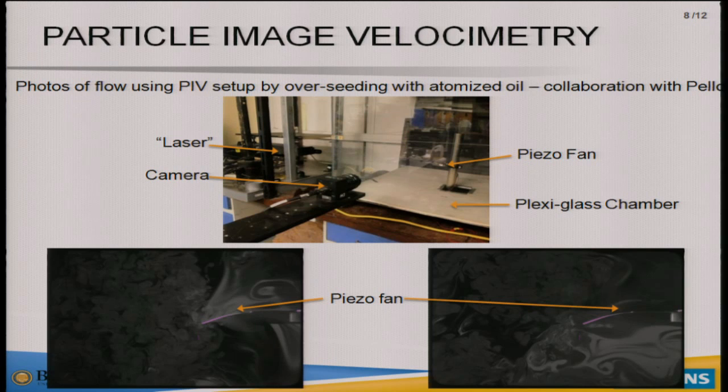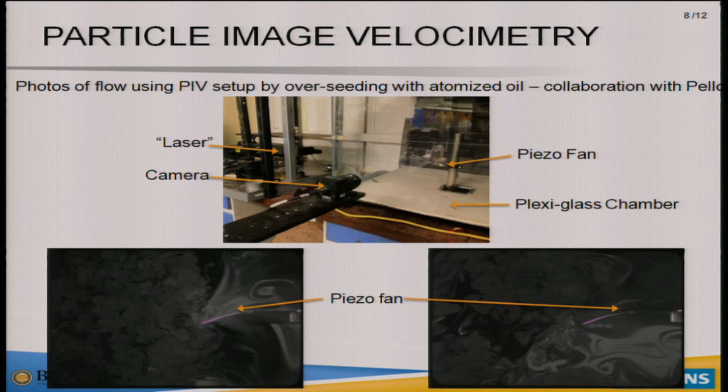So then, in order to really understand this piezoelectric fan, we wanted to use particle image velocimetry to visualize what's going on near the fan tip and further down the line, and what the flapping of this piezoelectric fan produces. We took this over to a lab in Hesse, where they have this particle image velocimeter.